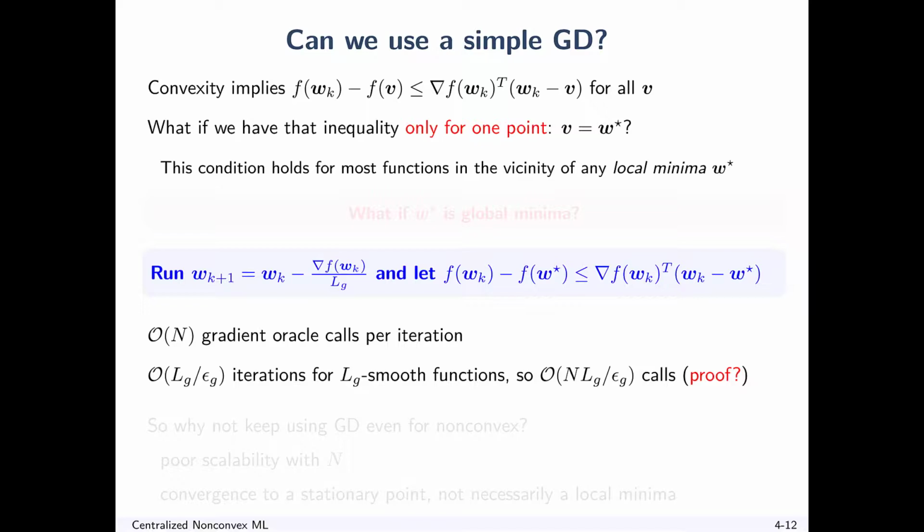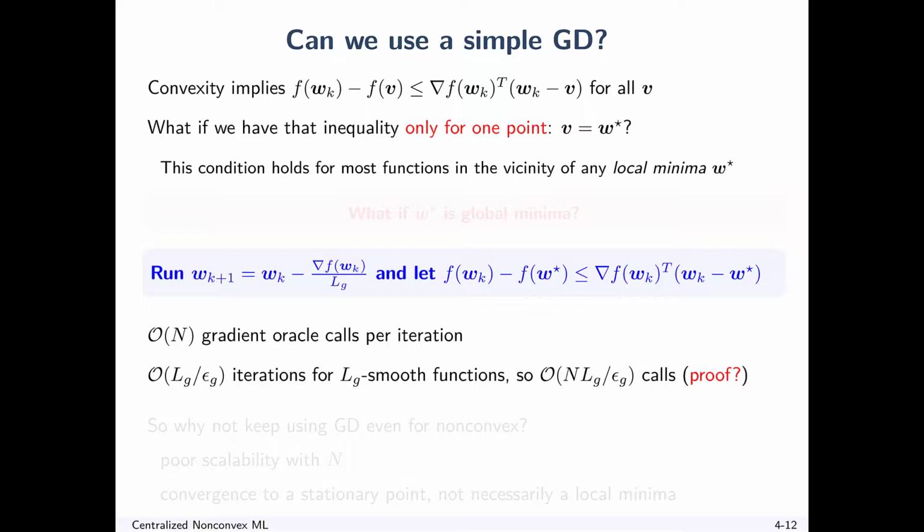Let's call that w star. It doesn't have to be the optimal solution, but for now let's assume it is the optimal solution that we look for. But the function is not convex. The function satisfies this inequality only around that point. So let's call it one-point convexity.